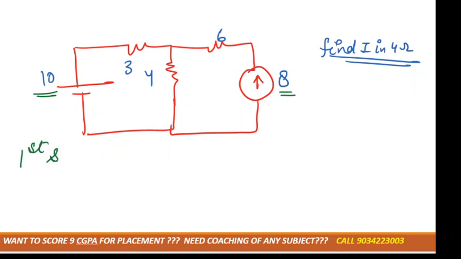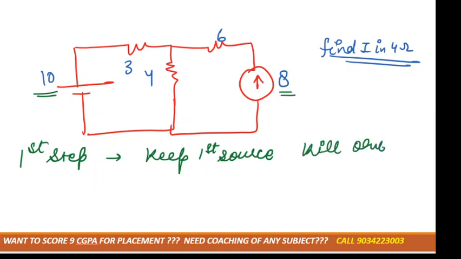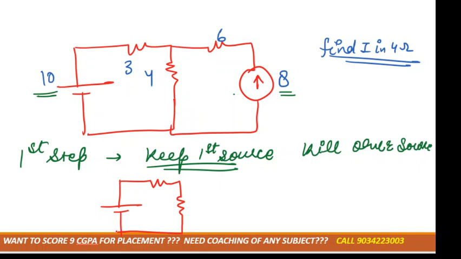In the first step, we have to keep the first source and kill the other sources. If there are three sources, we keep only the first source and the other two will be killed. Here the first source is 10 volt, correct? We keep this source, and the other one is a current source.